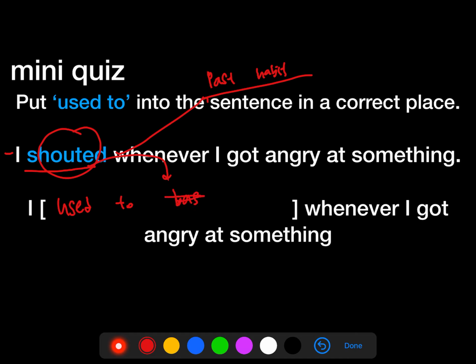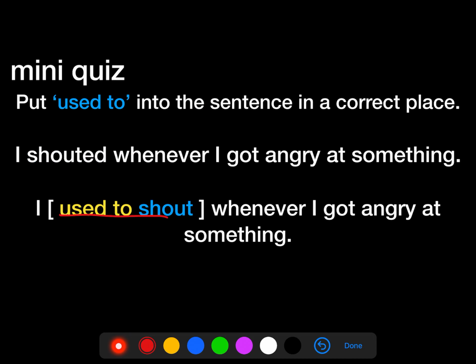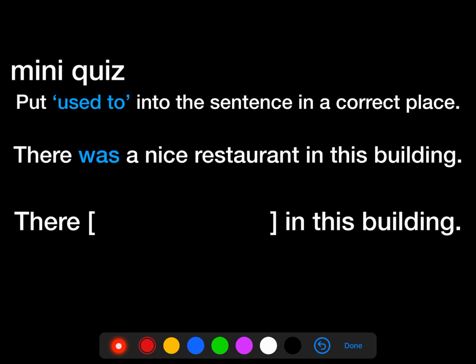I used to shout. I used to shout whenever I got angry at something. Okay? Past habit, everyone. I used to, infinitive. Very good.